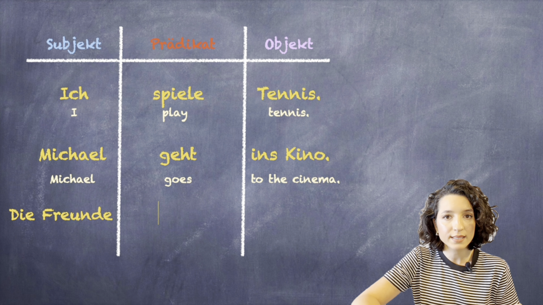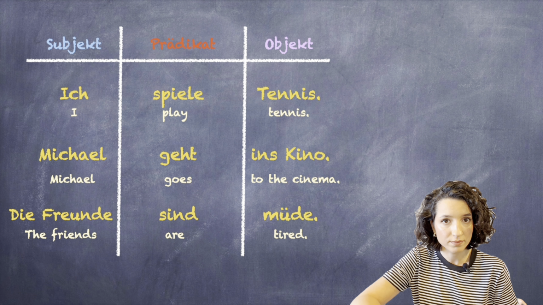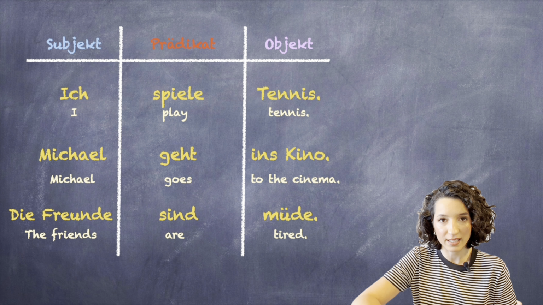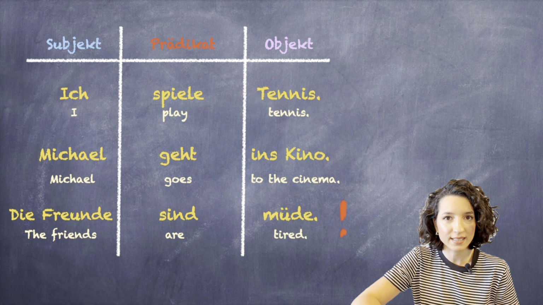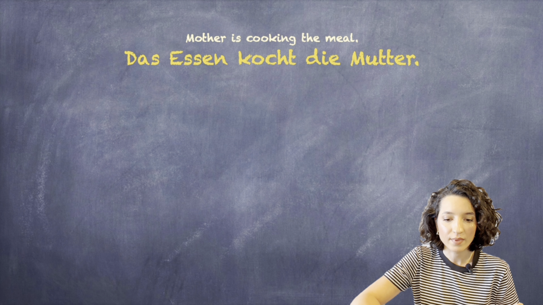Die Freunde sind müde. Die Freunde ist das Subjekt, sind ist das Prädikat and yes, müde ist das Objekt. So adjectives can be objects too.